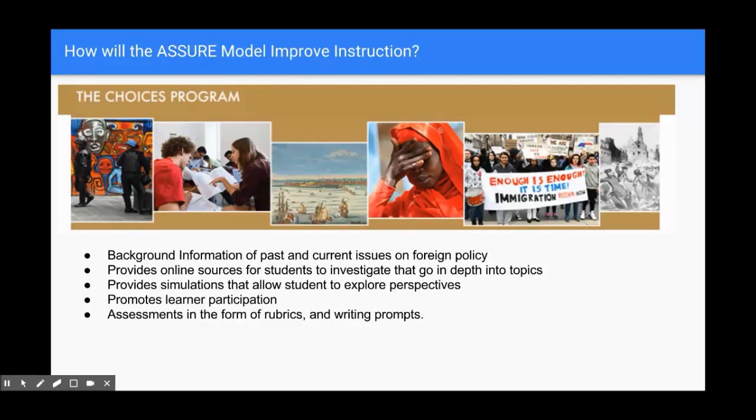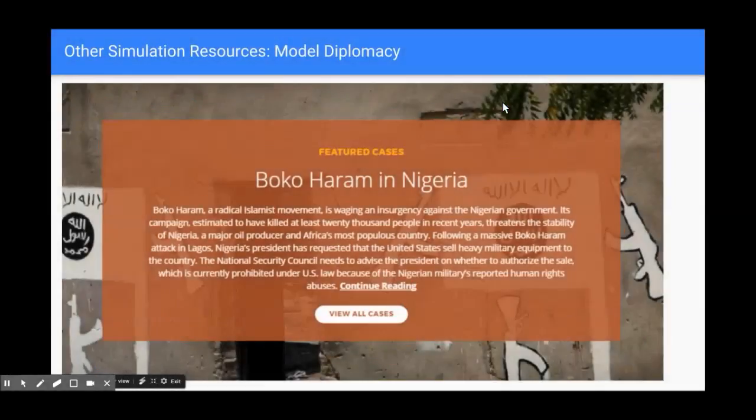And of course, this program itself promotes learner participation and is something in particular that I'm looking at for my class to integrate more than I already do. That is because of the use of the Assure model and how this fits in with that. It also has the assessment piece with rubrics and different writing prompts as well. So this is a good choice, I think, going forward for my class.